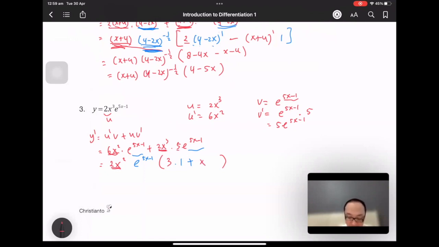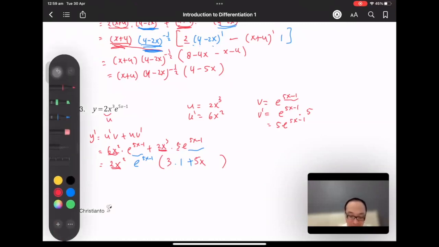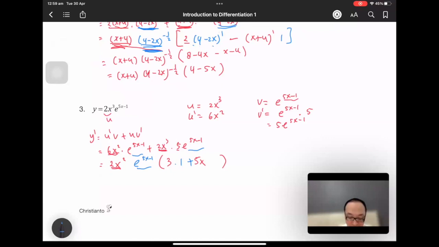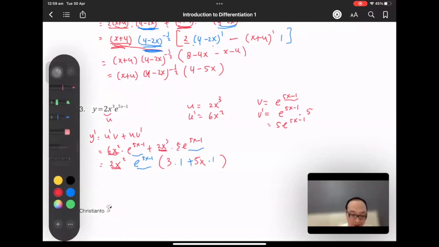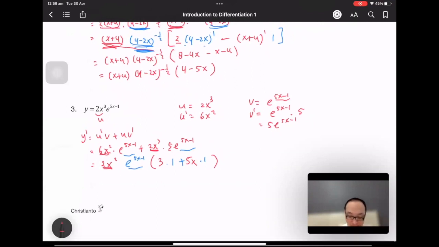We have 5 remaining here. And we have e as well, divided by e to the power of 5x minus 1 is 1. So equals, we simplify, it's 2x squared e to the power of 5x minus 1, 3 plus 5x.